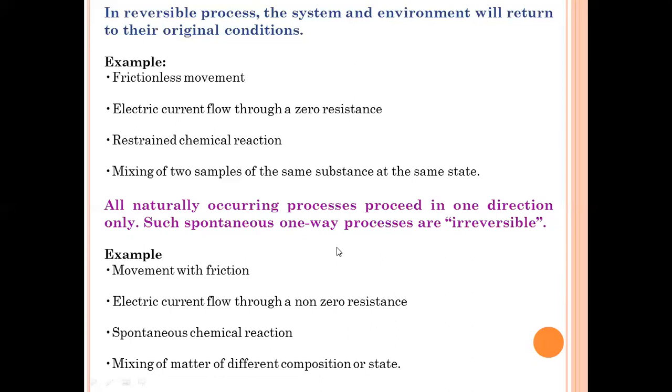So movement with friction, electric current flow with a non-zero resistance, spontaneous chemical reaction, and mixing of matter of different composition or state are examples of irreversible processes. So this is the difference between a reversible process and irreversible process.